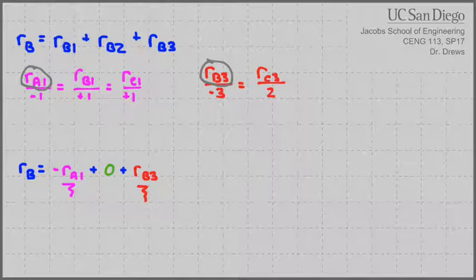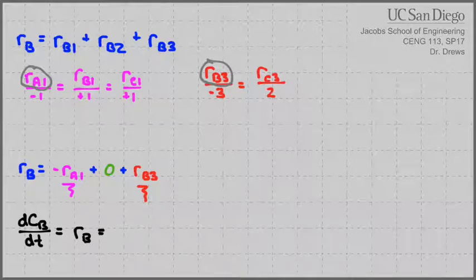And then the differential for B, the rate of change of concentration of B with respect to time, is just equal to R sub B, which is minus R_A1 plus R_B3. You can again use that sanity check to figure out, is B a product or reactant for each one?